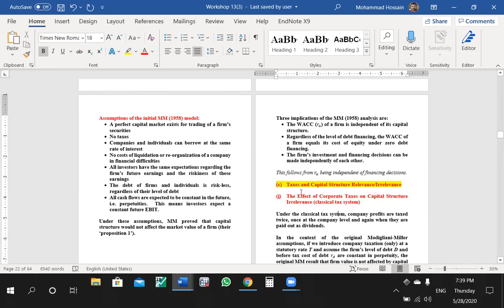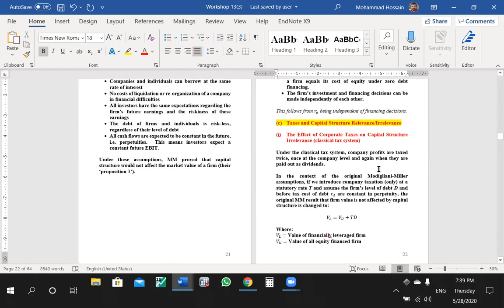So another one is the tax on capital structure relevance theories. They say that the effect of corporate tax on capital structure, that's the classical tax theories they're talking about here. Look, as soon as you take a loan from a bank or somewhere, you are actually enjoying some tax savings. Because 30% tax.